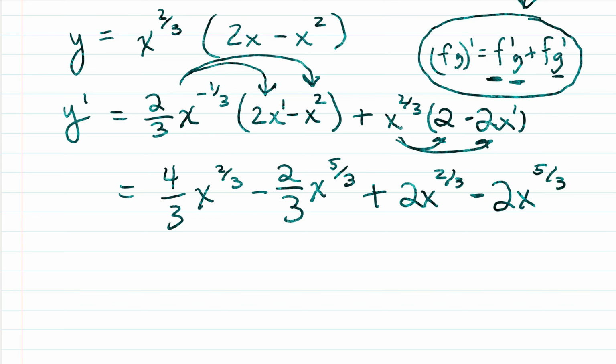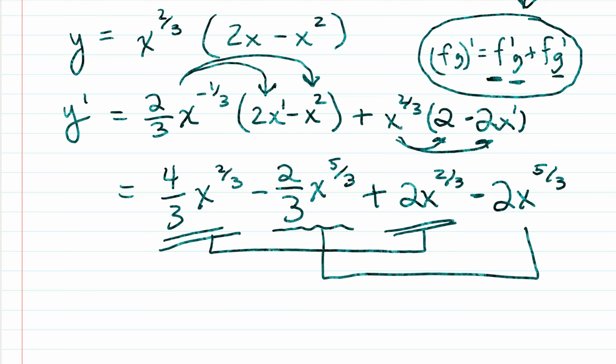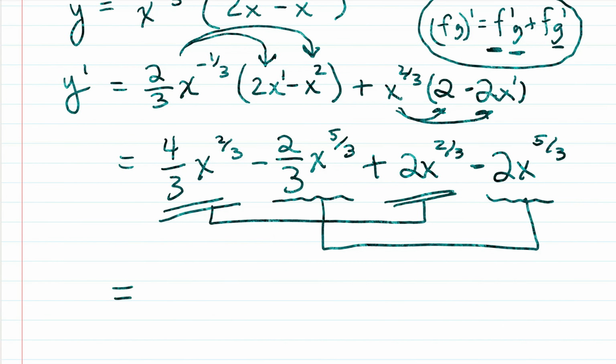The next thing I could do is combine like terms. These two are like terms. Like terms, remember, are terms that have the same variable and the same exponent. So like terms are also these two right here. So now finally I can say that we have y prime being the combination of these terms, 4/3 x to the 2/3 and 2x to the 2/3.